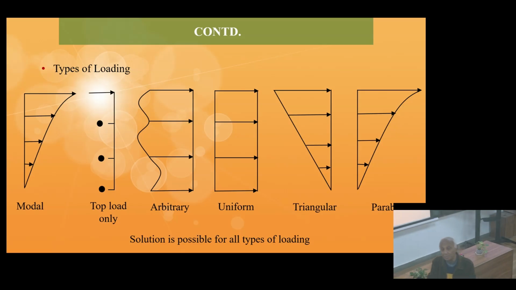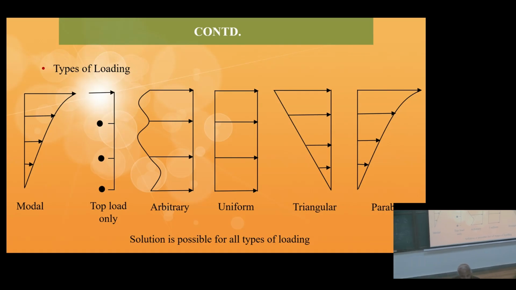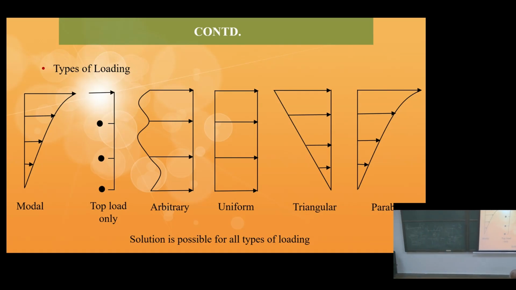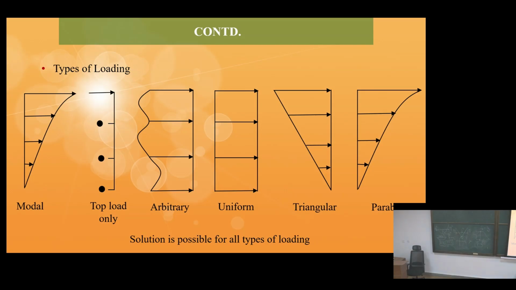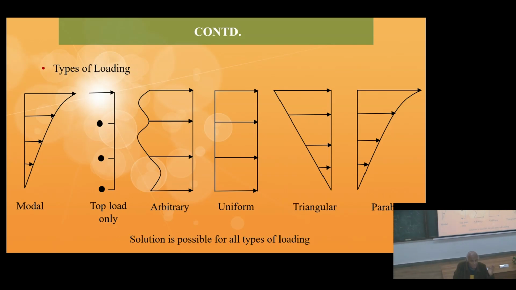Can you tell me why? Fundamental frequency means least frequency. Okay. And what I am stating is that I have pulled the structure and let it go. And it is vibrating of its own. And vibrating in the first frequency or the least frequency. Can you tell me some reason for that, from your common sense?